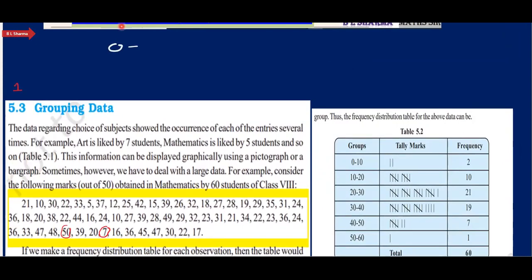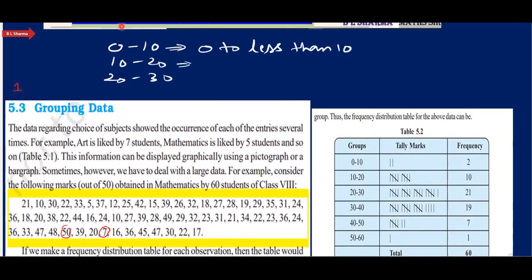If it is written 0 to 10, the second class is 10 to 20, and then 20 to 30, it means 0 to less than 10 marks, 10 to less than 20 marks, and 20 to less than 30 marks.